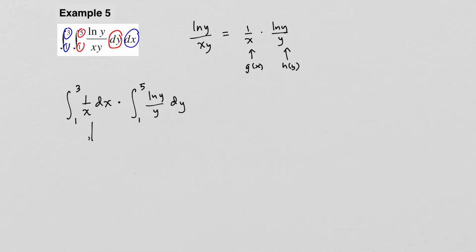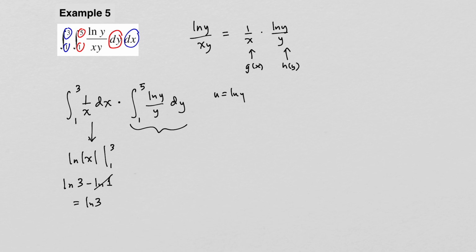This integral here, of course, is the natural log of the absolute value of x from 1 to 3, which is natural log of 3 minus natural log of 1, which is the natural log of 3, because natural log of 1 equals 0.